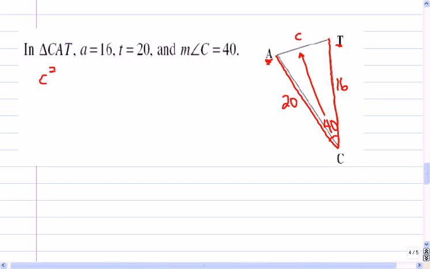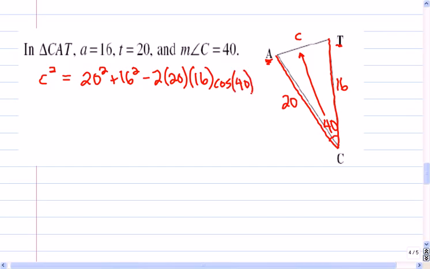So c squared equals 20 squared plus 16 squared minus 2 times 20 times 16 times the cosine of 40 degrees, the angle across. Okay, so I end up with 165.7, and the square root is going to be the value for c. So 12.9.